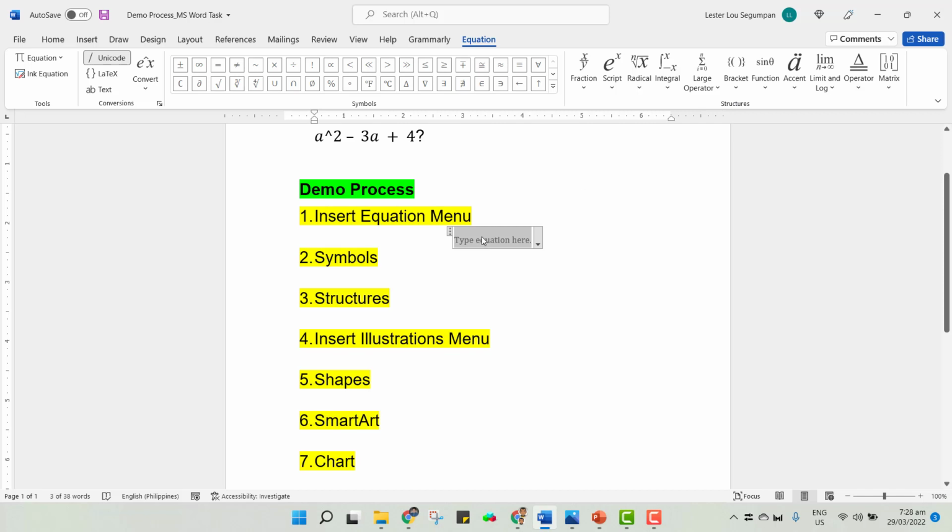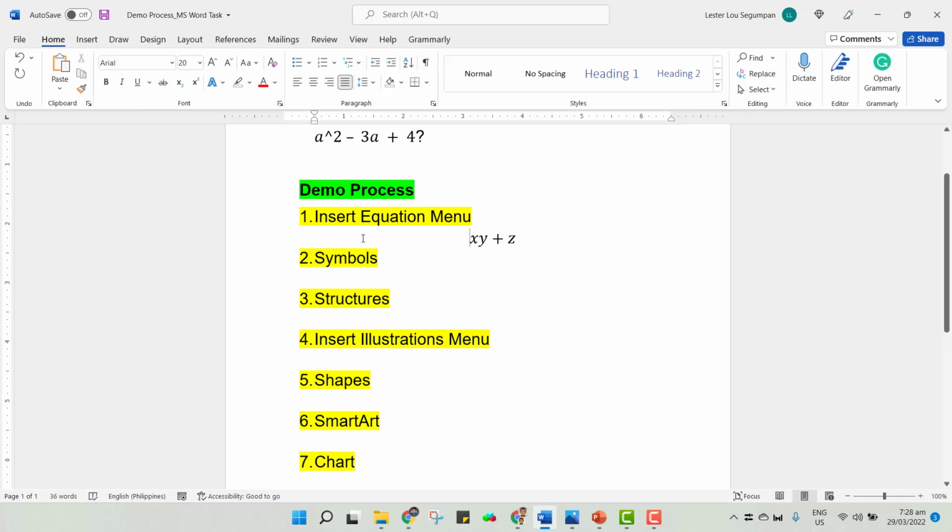Right? So that is where you're going to make now your symbol X, Y. So when you're going to look at this one plus Z as compared to this example X, Y plus Z, as you can see, this is more formal to see in a setting of our exams in Microsoft Word since it's already in equation form.